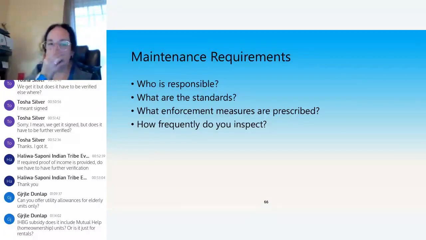Remember the consistency. Maintenance. Who's responsible? What are the standards? What enforcement measures are prescribed? How frequently do you inspect? The larger agency, department, housing that you have, the more often that you can inspect.